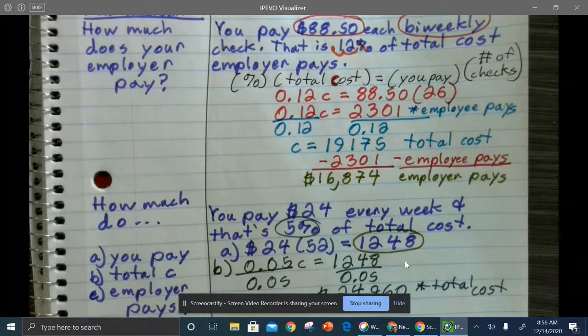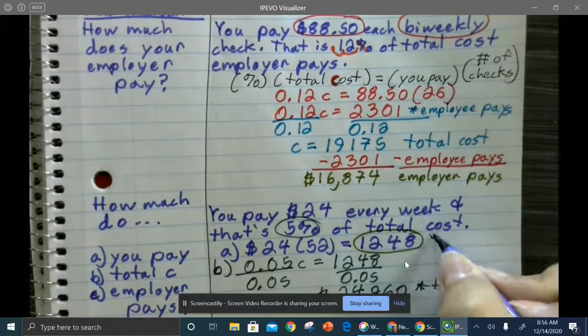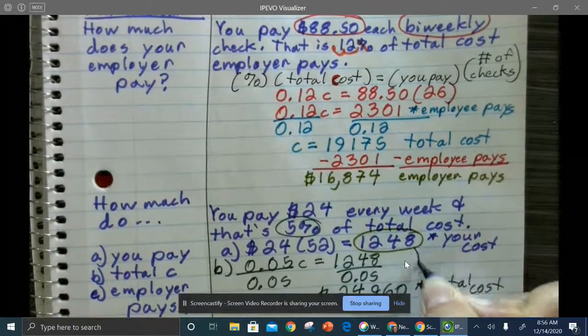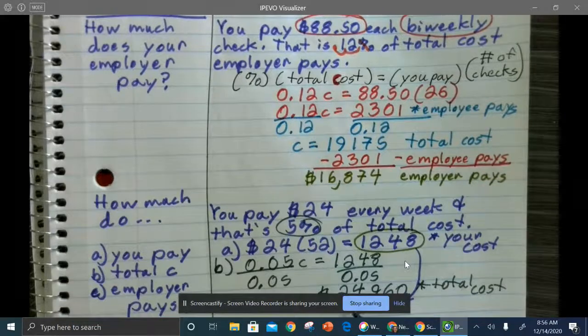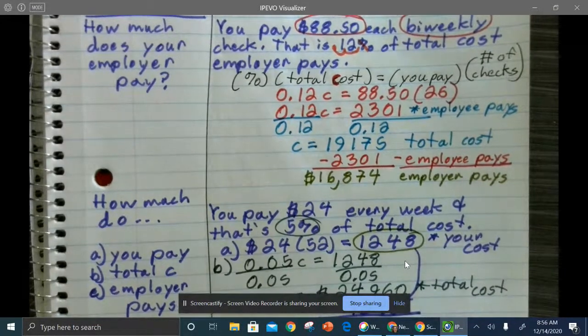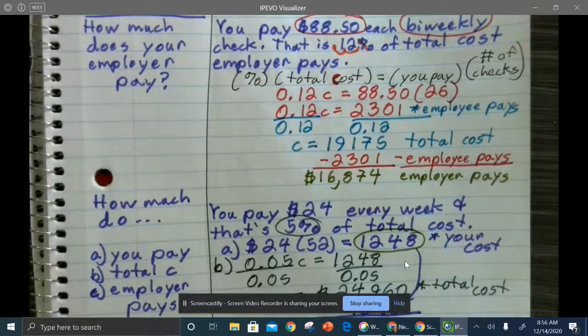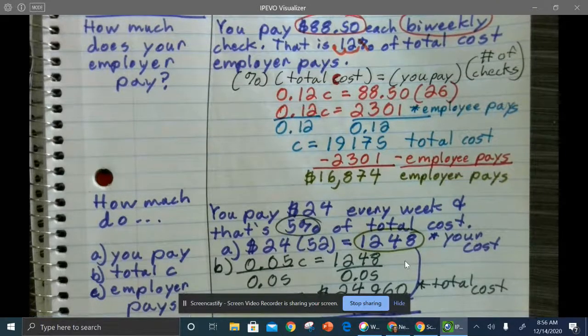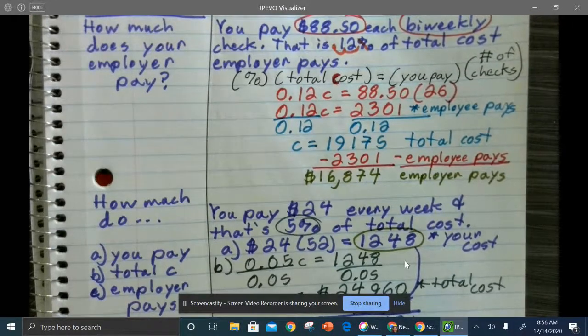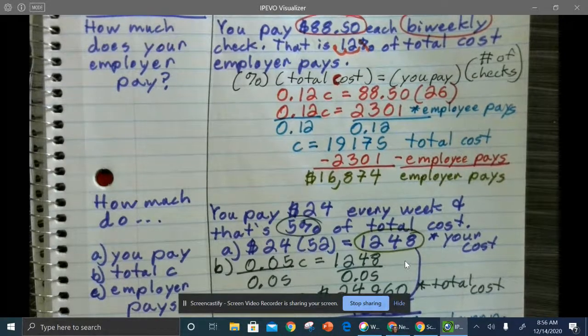Okay, so now we're going to subtract that. This is your cost for your health insurance. So we're going to take that down here and do the, so 1,248. So we're going to subtract those two, everybody. Okay, and that's going to give us what the employer pays. So the $23,712, everybody. Okay, that is what the employer pays.